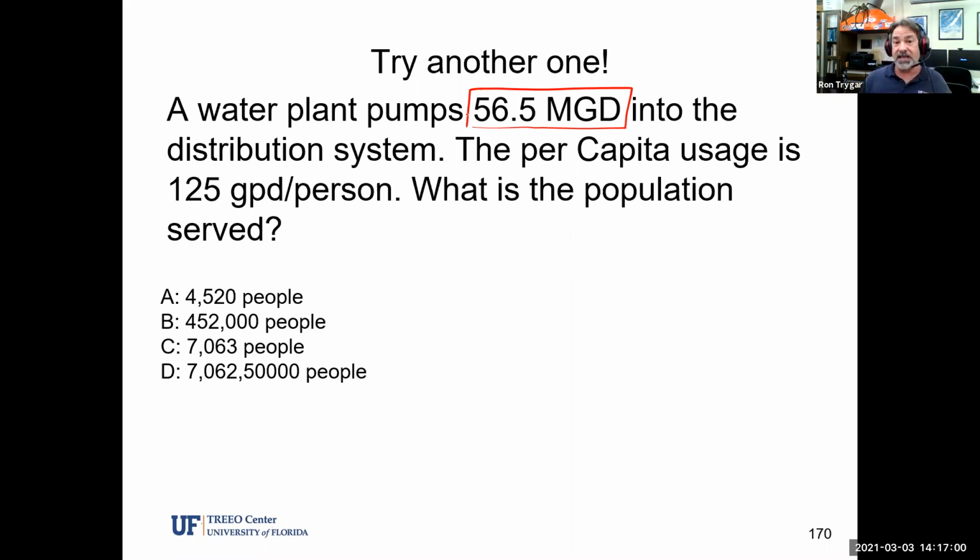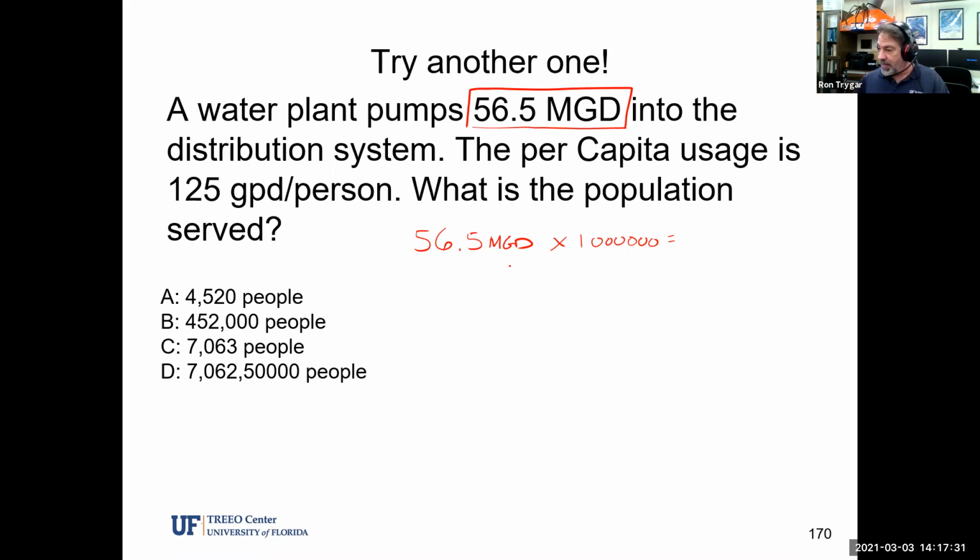The formula wants us to have this in gallons per day, so we actually need all of the digits, all of the zeros back in place. So 56.5 MGD, and now we need to actually multiply by 1 million. I know in the past calculations, we've been dividing by a million to get gallons into million gallons, but now we're doing the opposite. So 56.5 times 1 million.